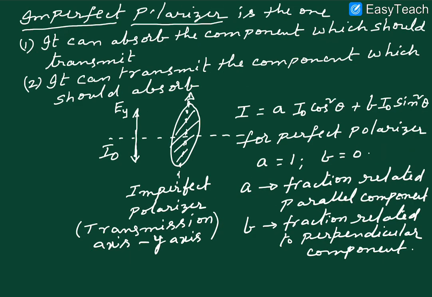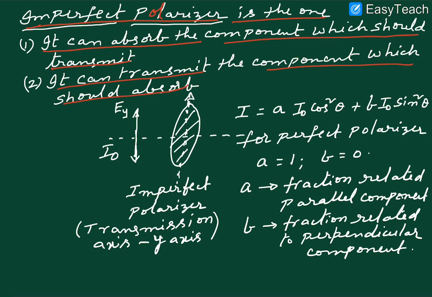Let us try to understand what we mean by an imperfect polarizer. An imperfect polarizer is one that can absorb the component which should be transmitted, and it can transmit the component which we should absorb.